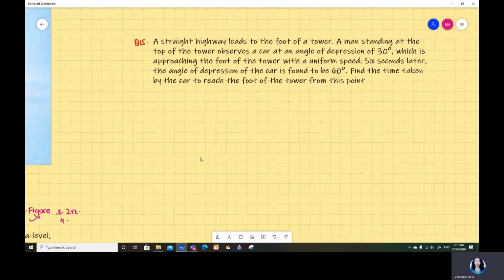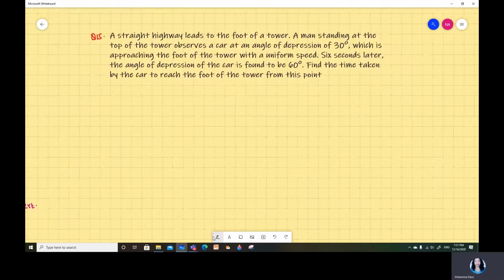That is question number 15. This is also a very important and interesting sum. Let's go. A straight highway leads to the foot of a tower. So we have a tower.